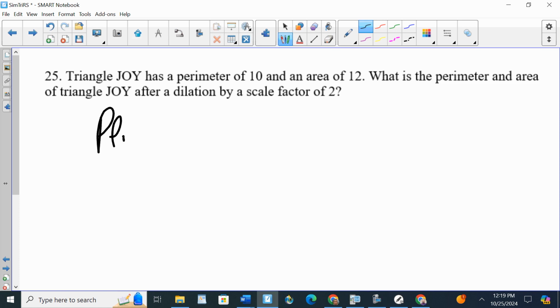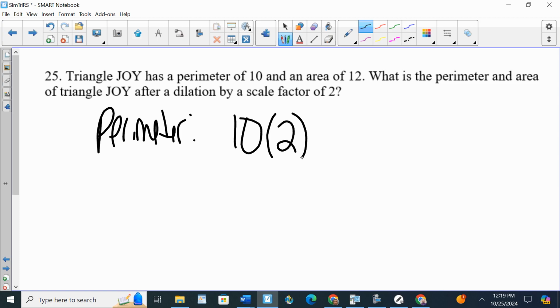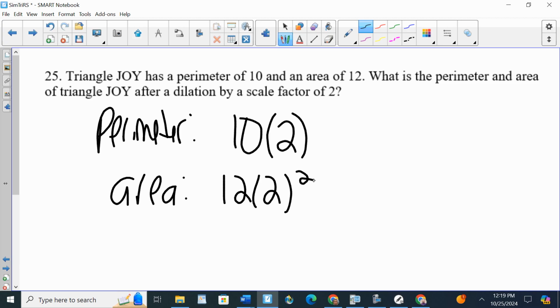So for perimeter, if the original perimeter is 10, I'm multiplying the perimeter by the scale factor. But for the area, I'm multiplying the area by the scale factor squared.